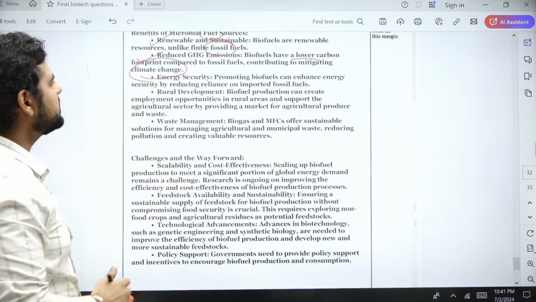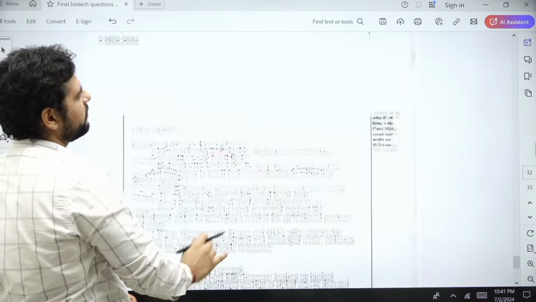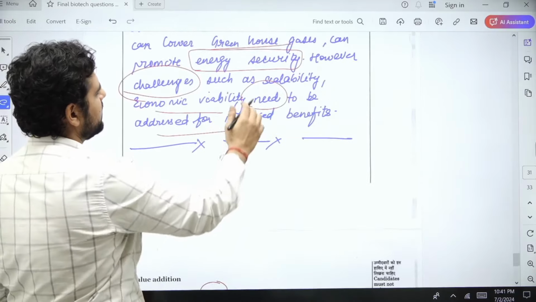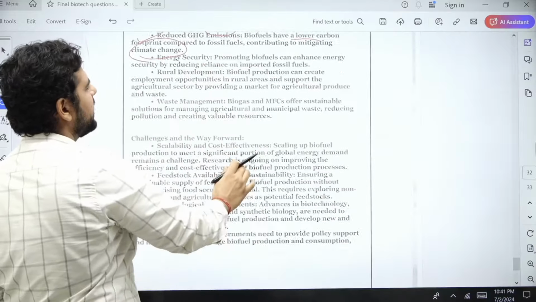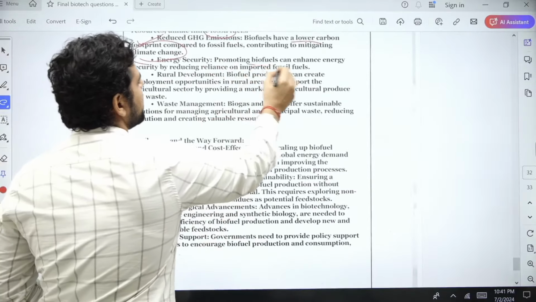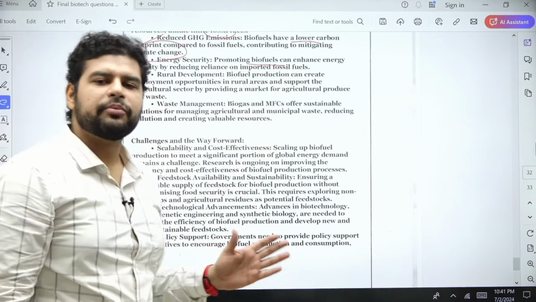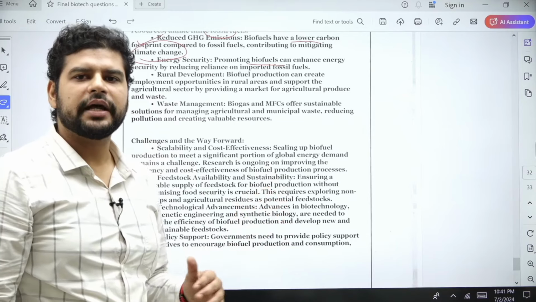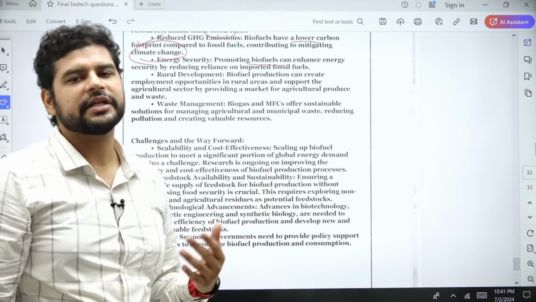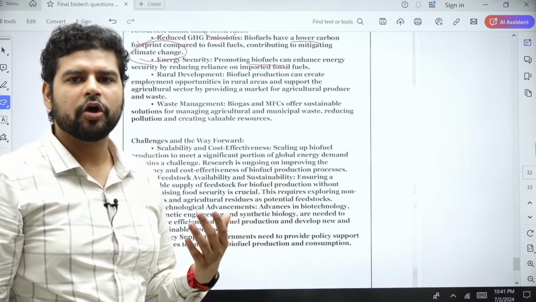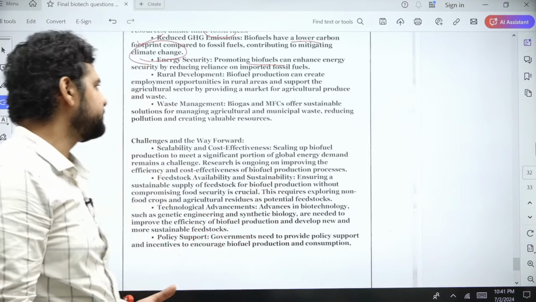Third is energy security is provided, like I have mentioned energy security, right? So energy security is provided by biofuels. This will help us reduce the import cost, as I have mentioned also, that we can save billions of dollars by not importing certain fuels.